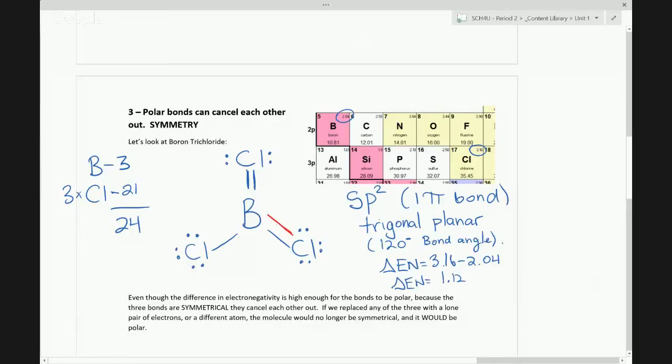So in this bond, the electrons spend more time with chlorine. In this bond, the electrons spend more time with chlorine. And in this bond, the electrons spend more time with chlorine. And we're going to ignore the double bond, the pi bond, and I'll tell you about why at a future date. You don't need to worry about it.